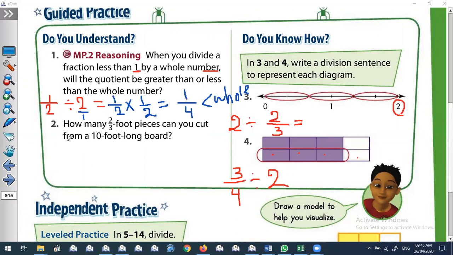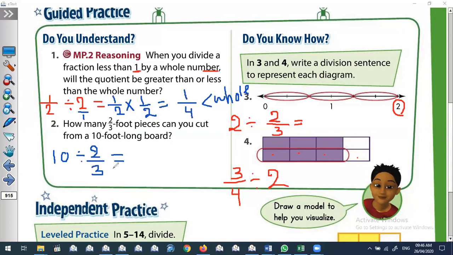The next one: how many 2 over 3 foot pieces can you cut from 10 feet long? Again, how many 2 over 3? How many means this number will be the second. So I will make 10 divided by 2 over 3. The number which comes after how many will be the second. I have a shortcut for that.